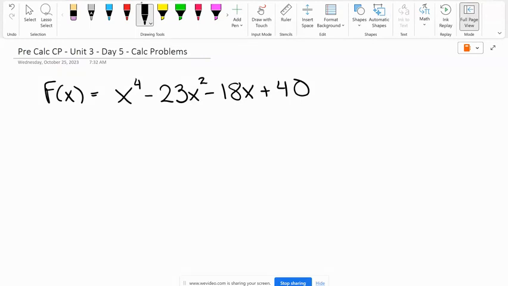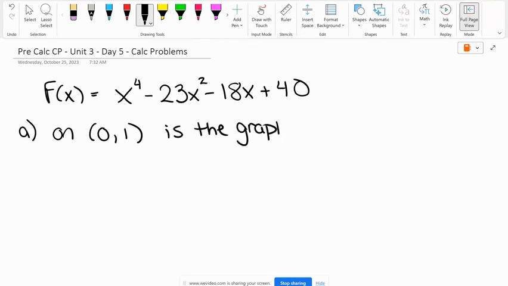And now I'm going to ask a bunch of questions. A: On the interval of 0 to 1, neither of them included, is the graph increasing or decreasing?